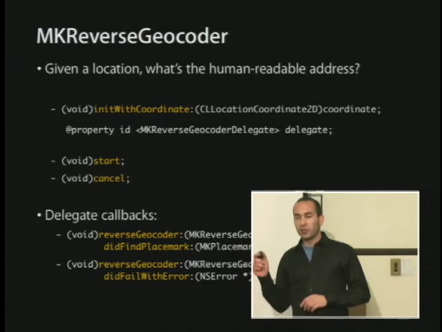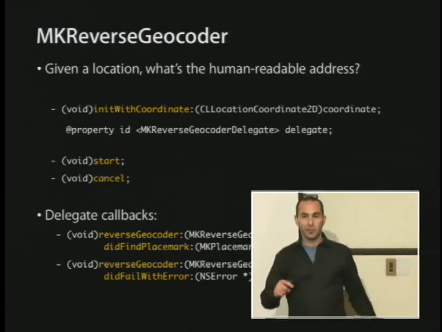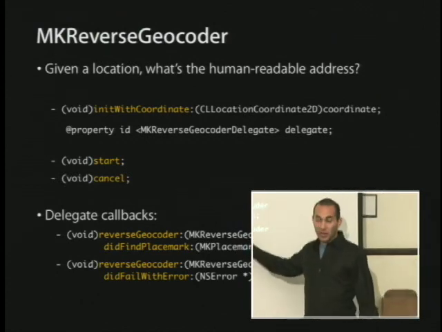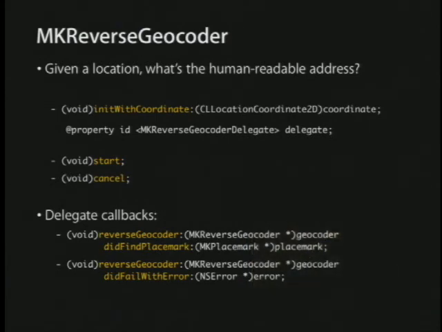I then tell the reverse geocoder to go find out where I am. It will call us back with the placemark or an error, but the placemark's the interesting one here. That placemark will be filled out for you based on where you are. So if I parse that placemark and look inside, if I did that on my phone right now, it would say I'm at Stanford in Palo Alto in the US, and probably the street number 2.